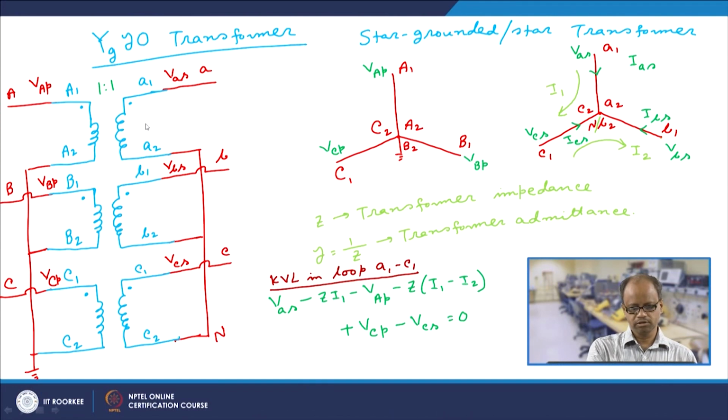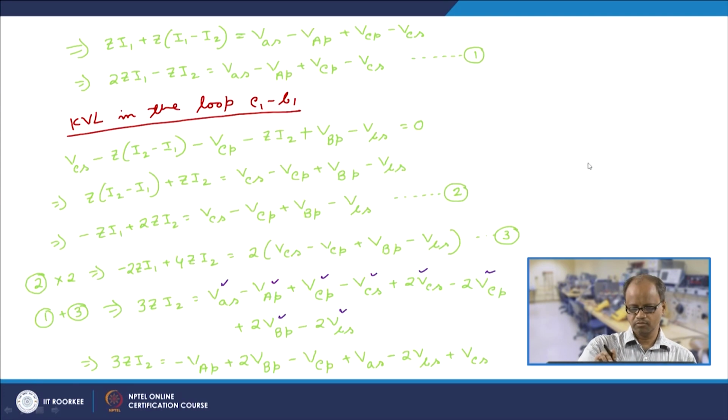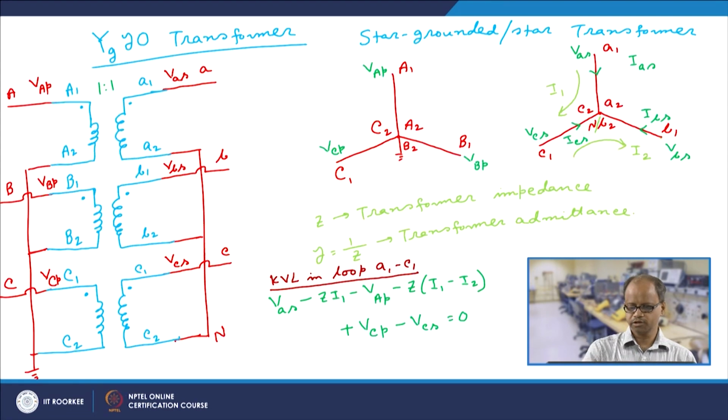So, we have first taken this particular transformer connection, this is the circuit diagram, this is the vector diagram, and then we have taken the loop currents, and then we have written two KVL equations. One KVL equation is in the loop A1 C1, another in the loop B1 C1.